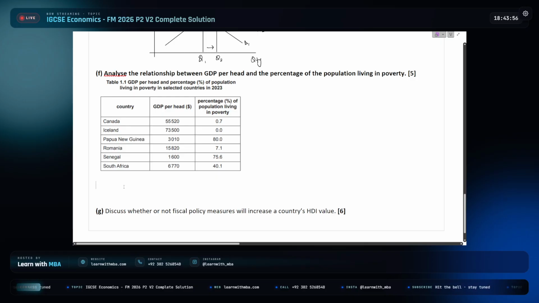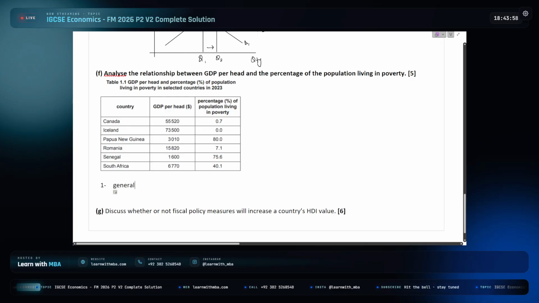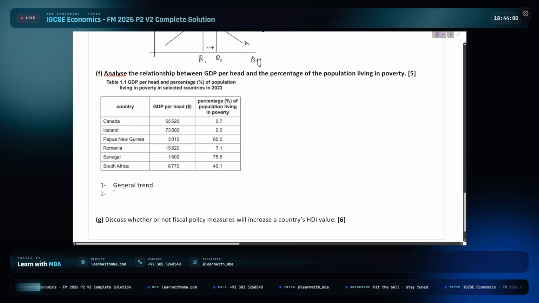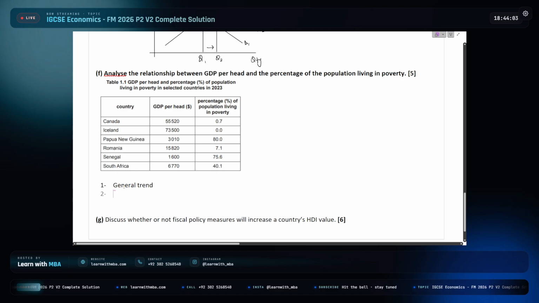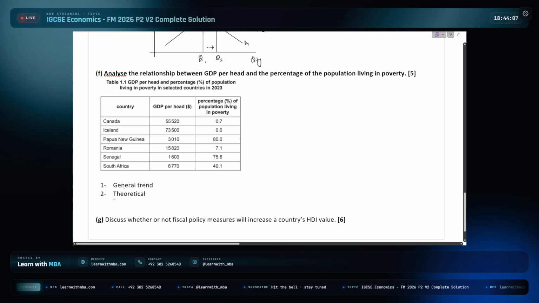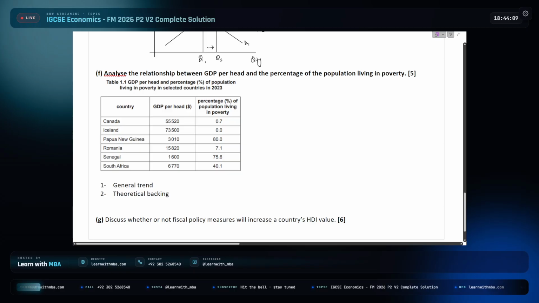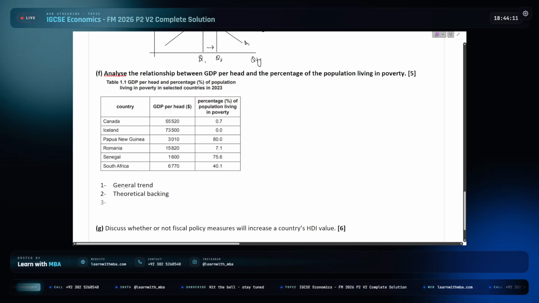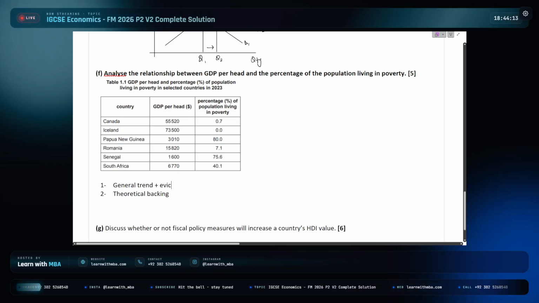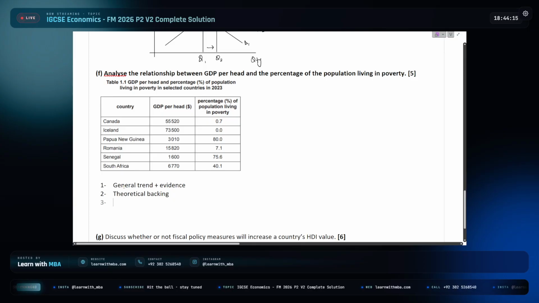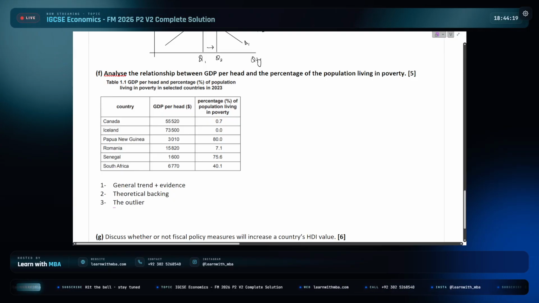So what you need to do is the general trend. The second thing you need to do is you need to identify the theoretical backing for it, then general trend plus evidence, right? So general plus evidence, theoretical backing, and then the outlier.